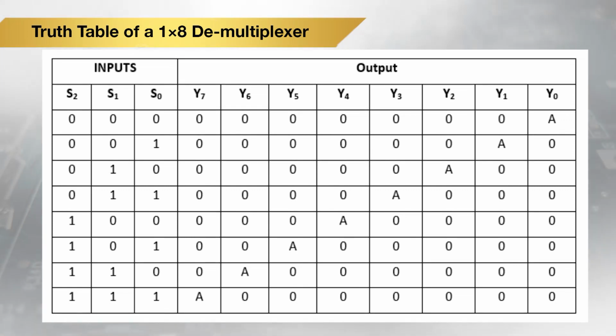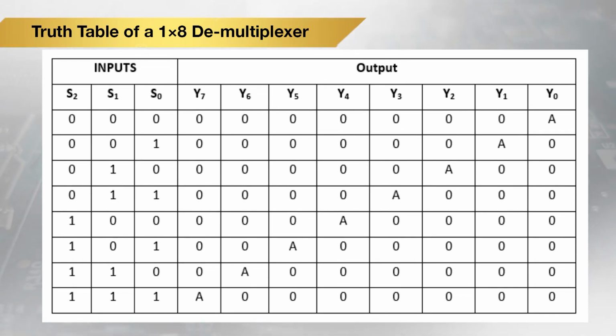For 1, 0, 1, Y5 will have the value of input A and the rest will have logic low. In the case of 1, 1, 0 for the selection line, we will have Y6 showing the input value A and the rest will have 0 at the output.